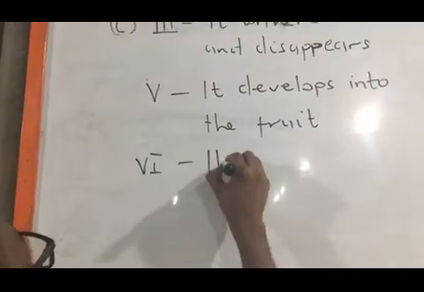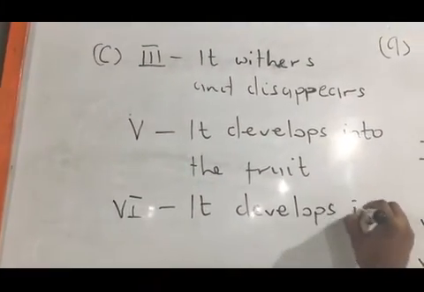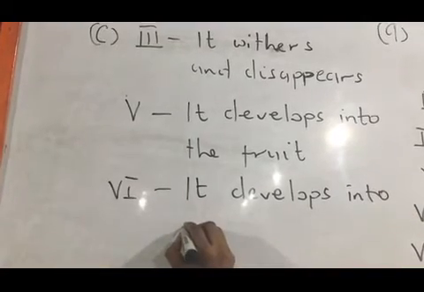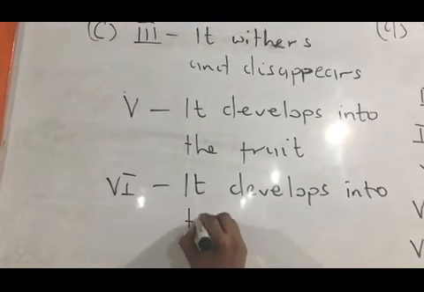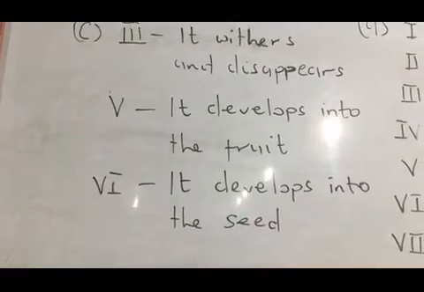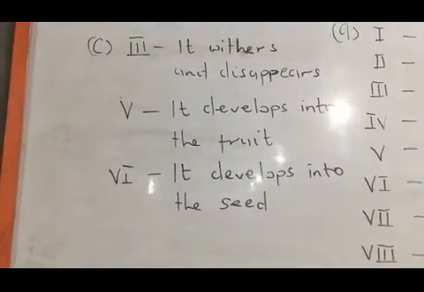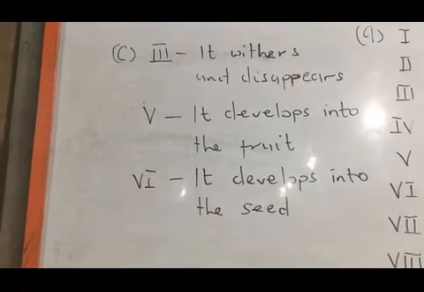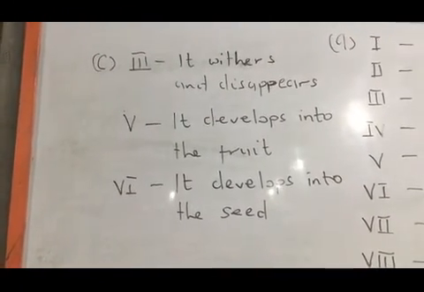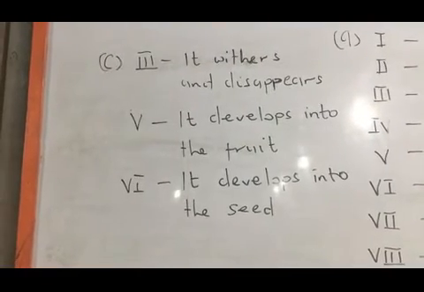That's what develops into the seeds. So the style and the other parts, the stigma, all of it will wither and disappear. The ovary will develop into the fruit, and then the ovule will develop into the seed.